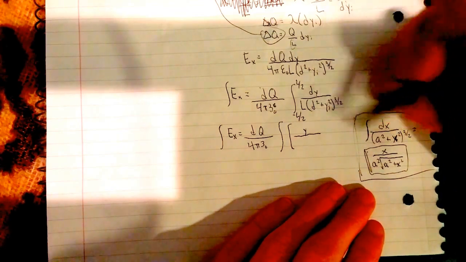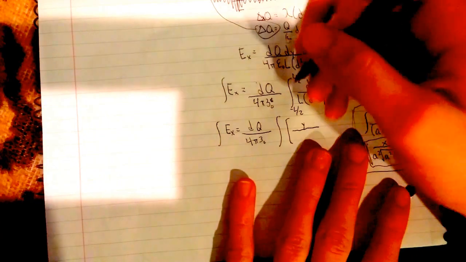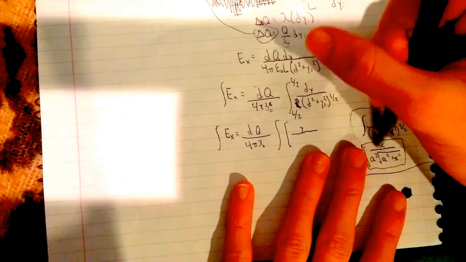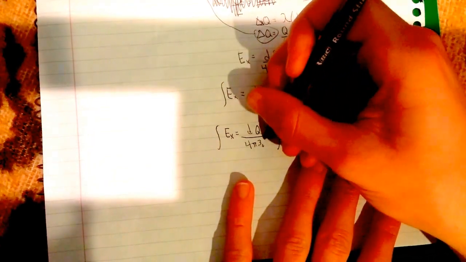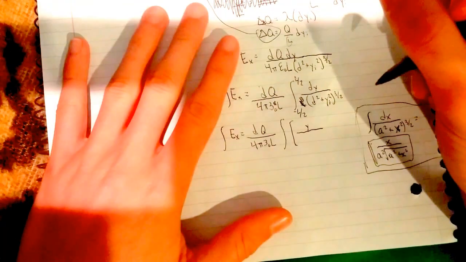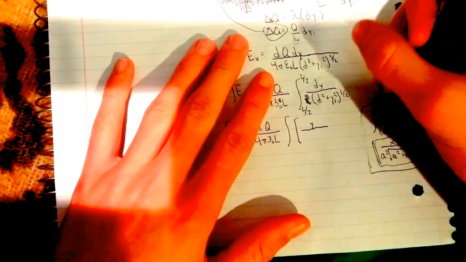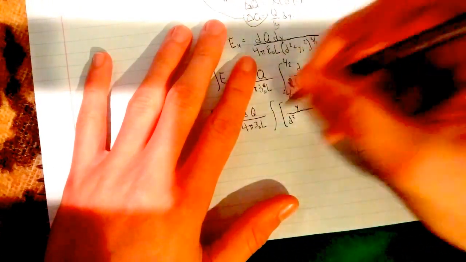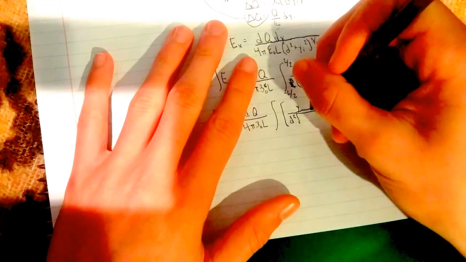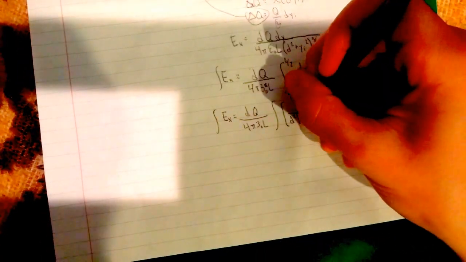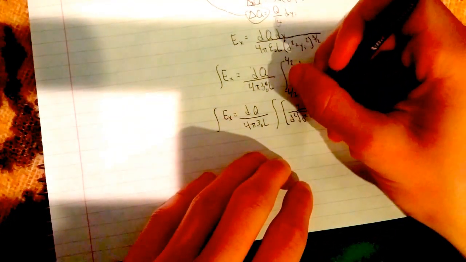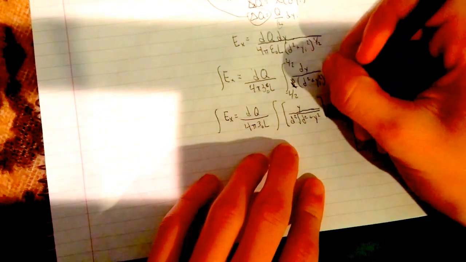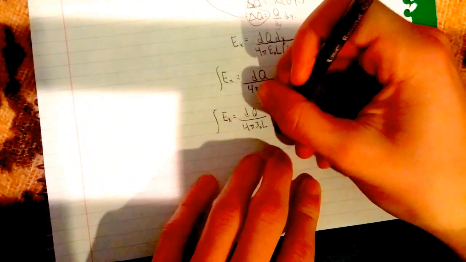Now that I think of it, this a squared is not going to be with this. This should be over here. My fault. So we got a squared, and a squared is d squared. So we got d squared, that's going to go out there, times the root of d squared again, because that's taking the place of the a, plus y squared. And so that's going to be what we have afterwards.